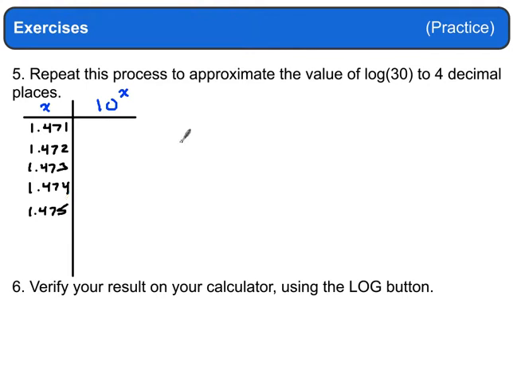So 1.471 is 29.58. Let's see, this will be 29.6. The next one is 29.7. And then we get 29.7 again.